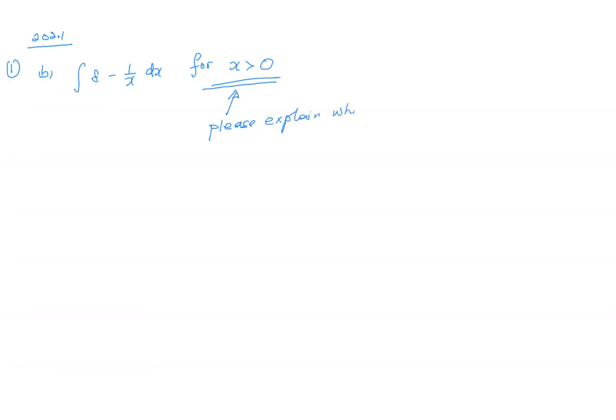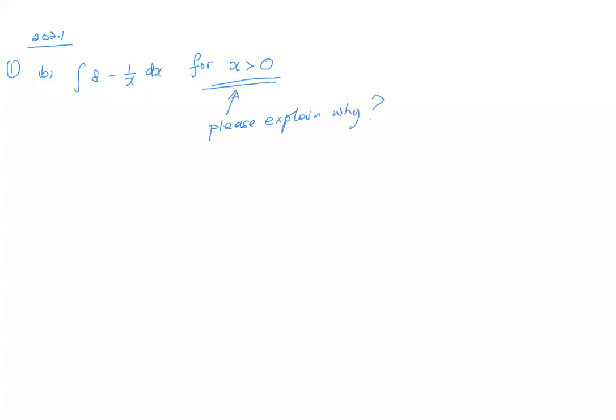2021 question 1, part B. Can anyone tell me why the question has to put x greater than 0?